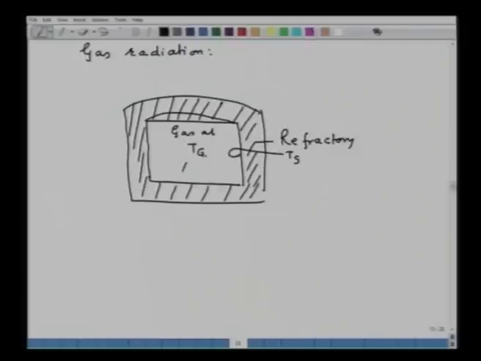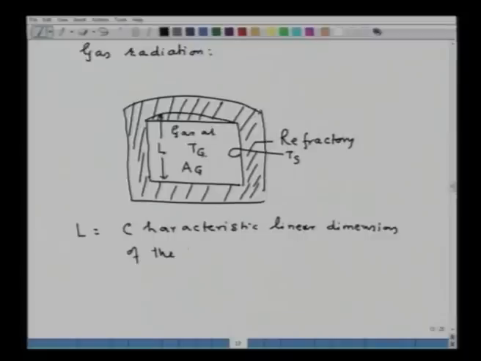Area of the body of the gas, let us say Ag, and this L is the characteristic linear dimension of the body of the gas. Ag is the area of the enclosing surface.